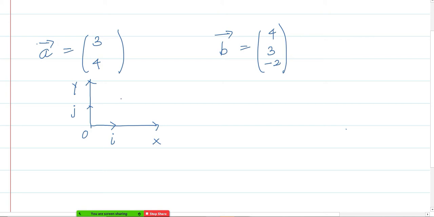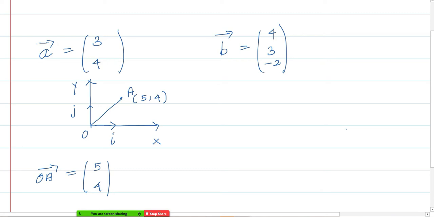If you select a point, say 5, 4, with respect to origin O, the position of A, you can write it as the OA vector is 5 and 4, isn't it? Because 5, 4 is a point in the Cartesian plane.